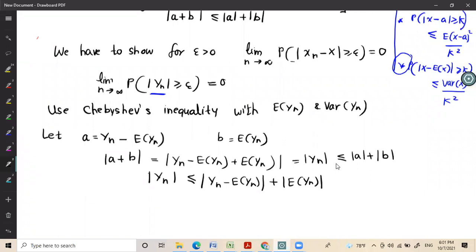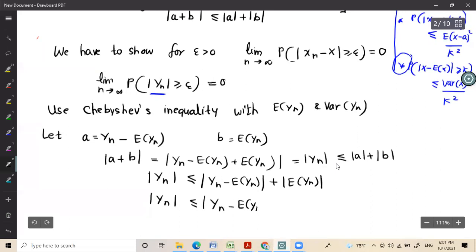Now these types of tricks you have to get with practice. Now let's see what will happen to this absolute value of Yn. We have Yn minus the expected value of Yn as it is. But what is the expected value of Yn?